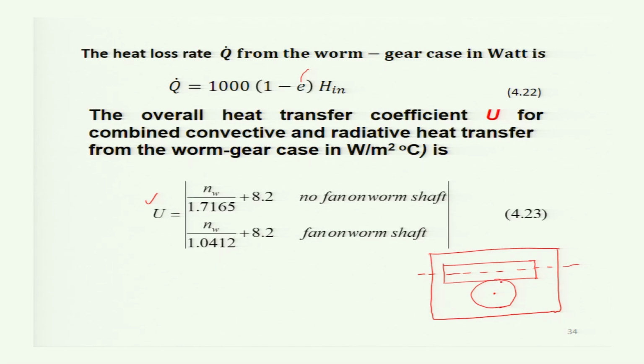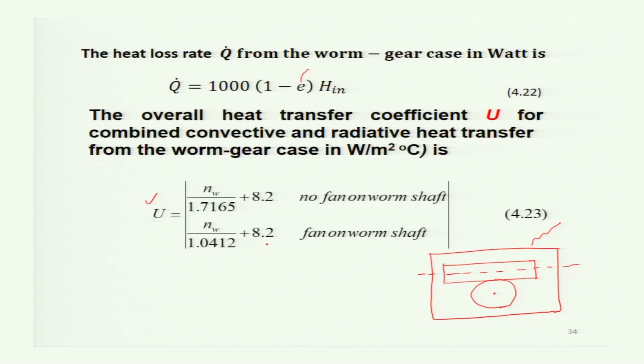This heat will transfer to the outside environment through convective heat transfer and radiative heat transfer. Inside there will be some lubricant which will take away the heat. So the overall heat transfer coefficient considering convection and radiation heat transfer is given by this one.